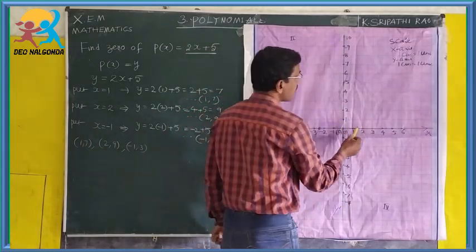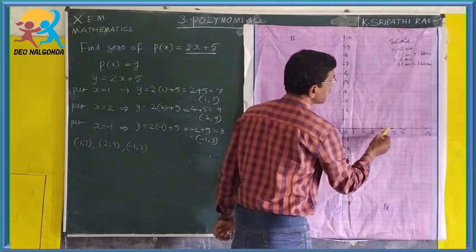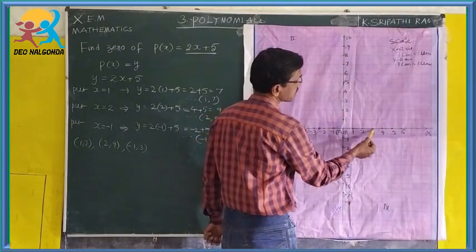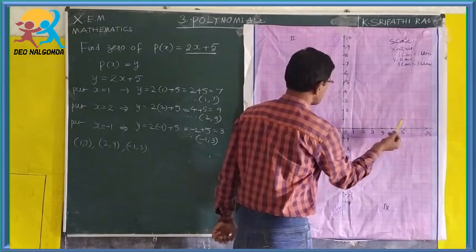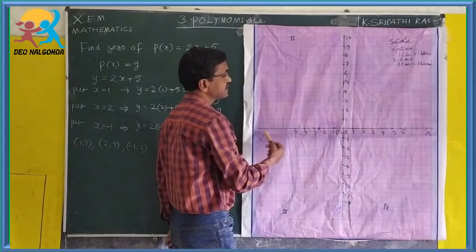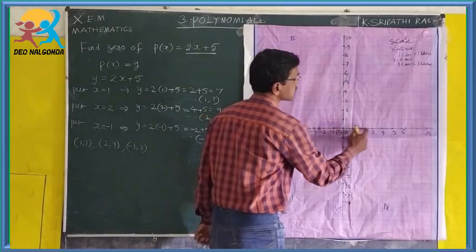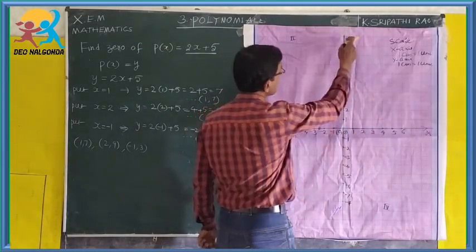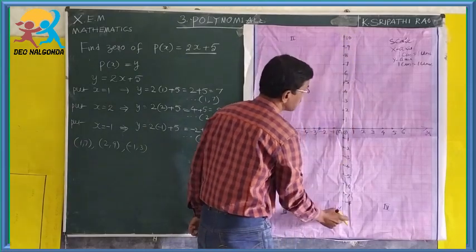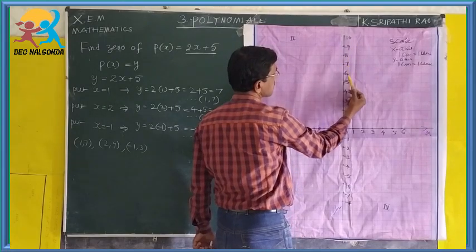The y coordinate of any point on the x axis is 0. The coordinates of these points are 1 comma 0, 2 comma 0, 3 comma 0, and so on, and minus 1 comma 0, minus 2 comma 0, like that. In the same way, the x coordinate of a point on the y axis is 0. So this is 0 comma 10, 0 comma 9, 0 comma 8, 0 comma 7, like that.